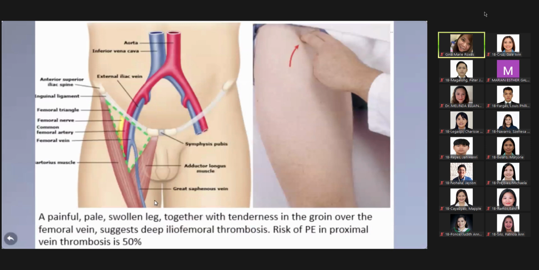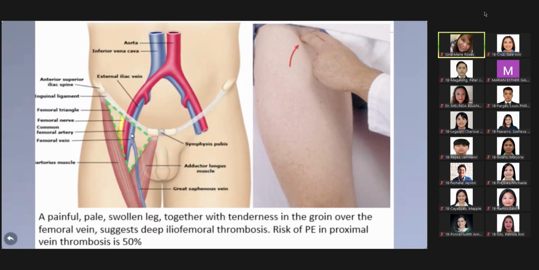If there is a painful, pale, swollen leg together with tenderness in the groin area, you can palpate for the femoral vein. This is just medial to the femoral artery.